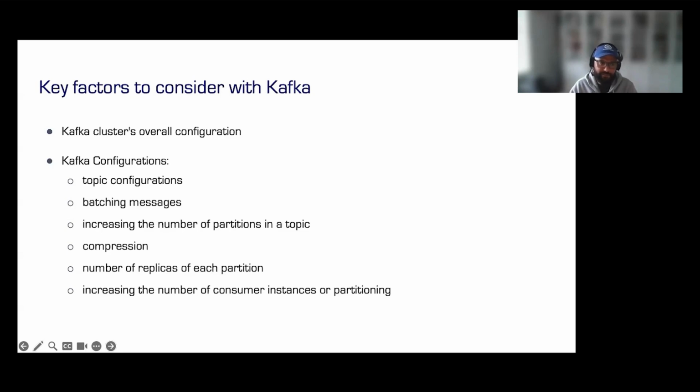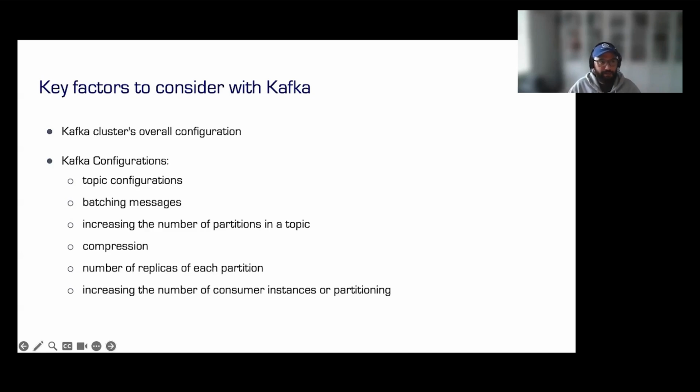Think about things like the topic configuration, batching messages, as well as increasing the number of partitions. Compression is really important, and combining these together will help to get the low latency and the scalability we're looking for in the context of real-time machine learning.